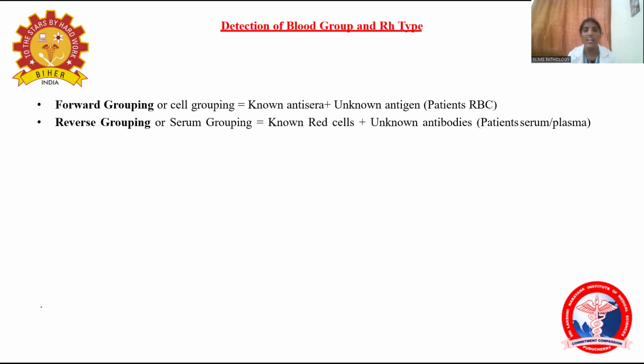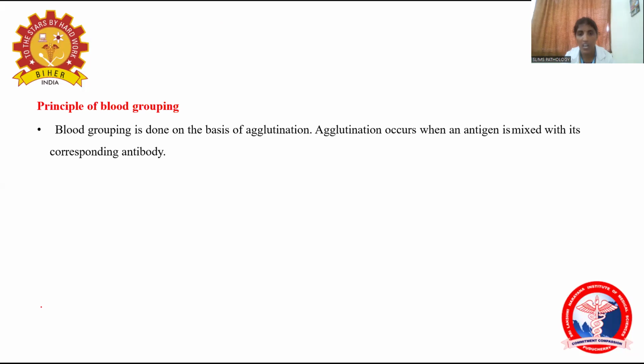When I add anti-A sera and the patient is of A blood group, what is going to happen? The A antigen on the red cell membrane is going to combine with anti-A sera and form an agglutination. So when agglutination occurs, it means there is the corresponding antigen or antibody in the testing sample. So the principle of blood grouping is based on agglutination. Remember that wherever agglutination occurs, it is considered positive. Fine.